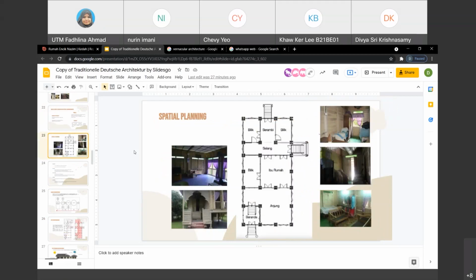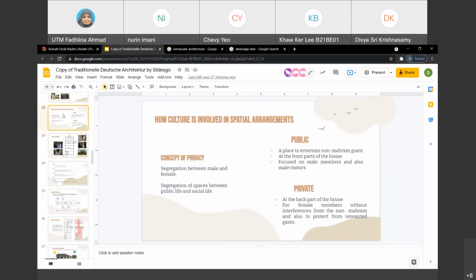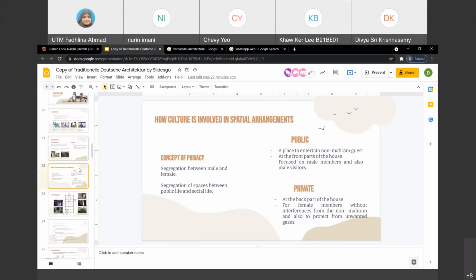On the spatial arrangement, segregation between female and male, I think you need to add another most important thing in Malay traditional houses, which is the separation between guests and the homeowners. I think before, you were mentioning the public life and social life, which is quite broad.